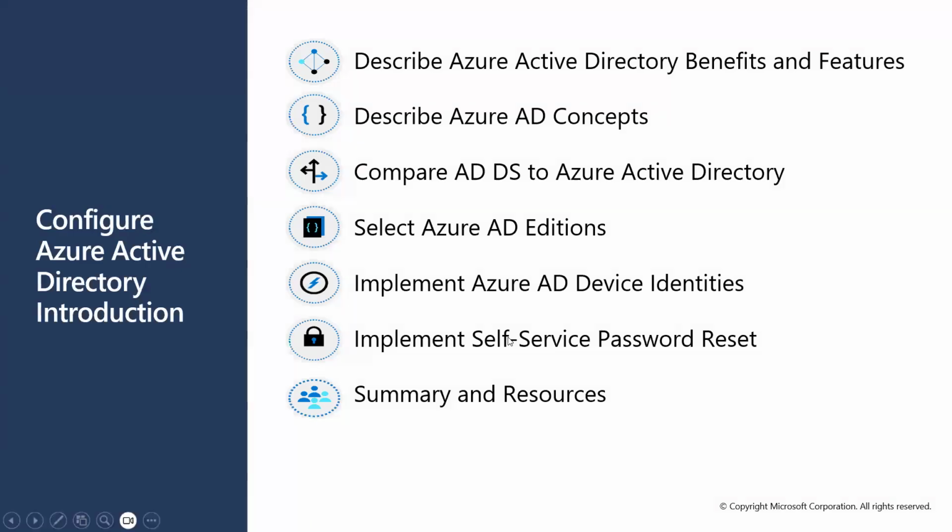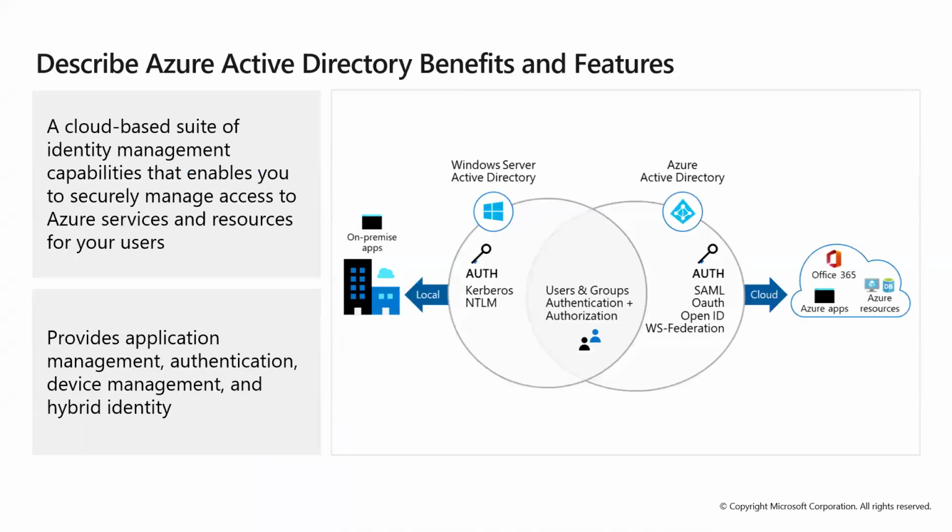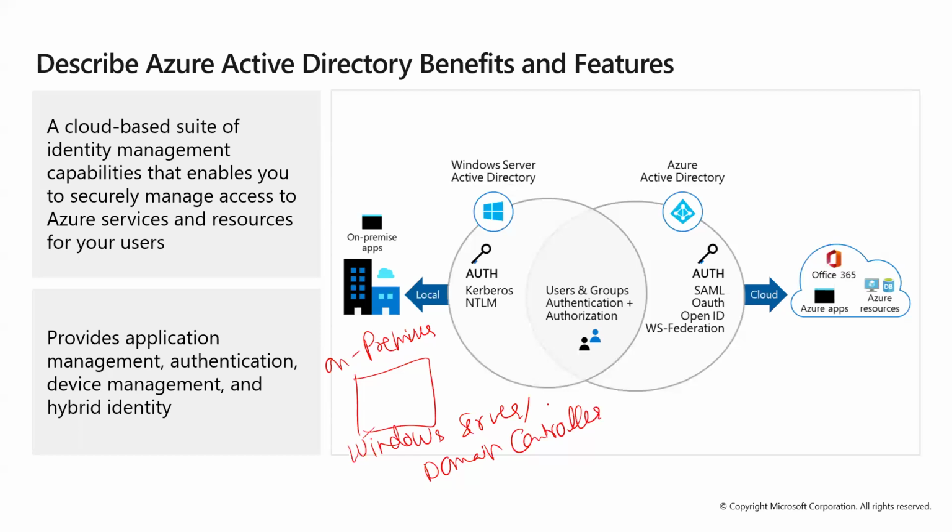So, giving you a very quick revision of the last session, we have discussed Azure Active Directory and its features. On-prem, there will be a Windows server, and this will be known as the domain controller.